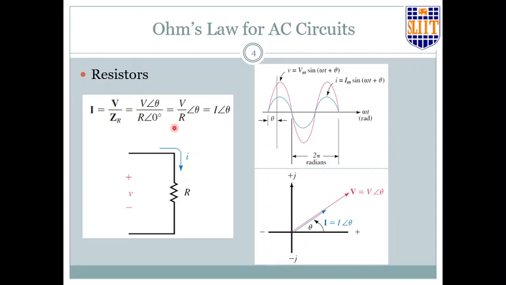However, for resistors, impedance is with zero angle. We know that it is R angle 0. So therefore the current also has an angle of 0 if voltage has an angle of 0. So voltage and current are in phase.